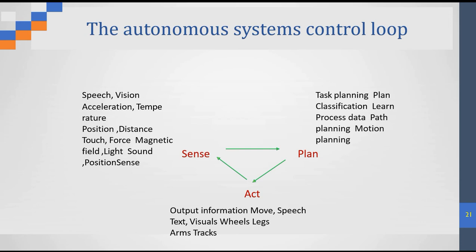What we call here is the control loop. These systems, how do they work? Guys, maybe I already explained during the talk. The system receives the information. This is when I asked you where we use artificial intelligence.